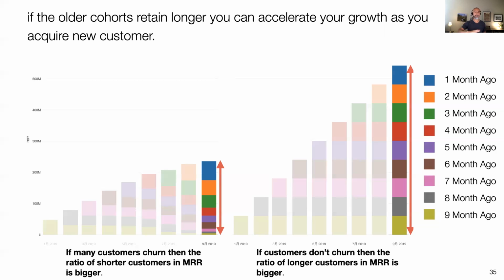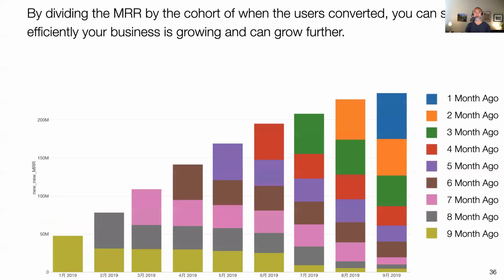It's growing, but it doesn't look like it's accelerating. What I want to say is that by separating into cohorts, in this case created based on when they converted, we can see not only how the MRR is growing, but also how efficient or sustainable that MRR growth is.